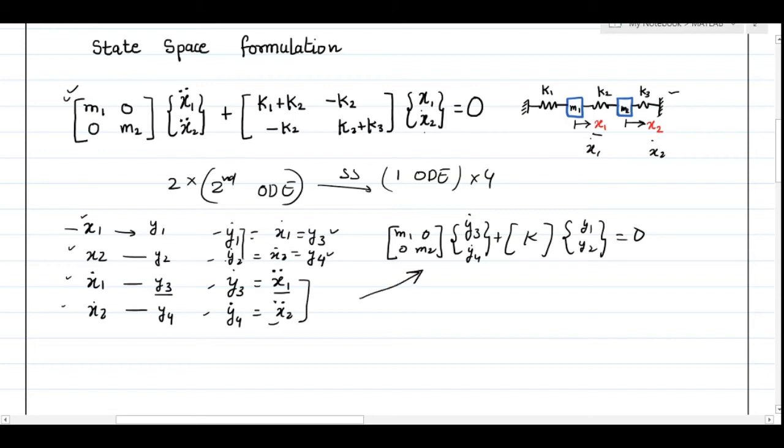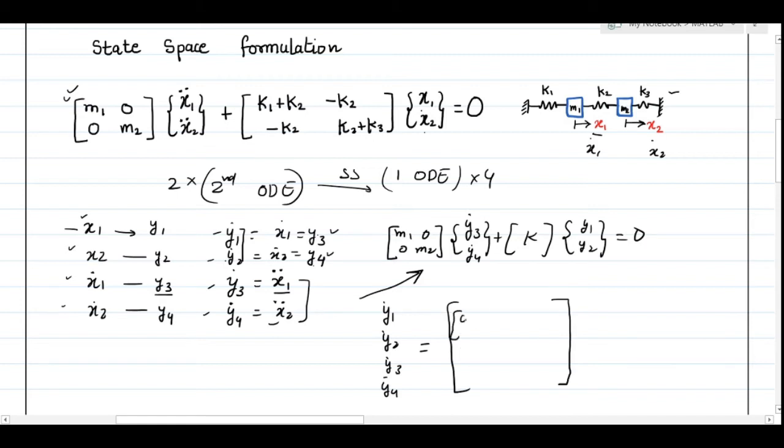However, the first two equations are simply written as y3 and y4. So if I rearrange the entire term, my final equation will become y1 dot, y2 dot, y3 dot and y4 dot equal to, I can replace these equations using a state coefficient matrix. We call it the coefficient matrix. And how can we write that?